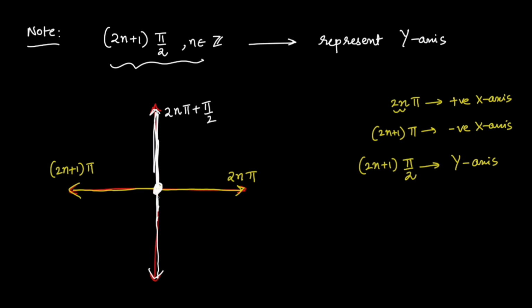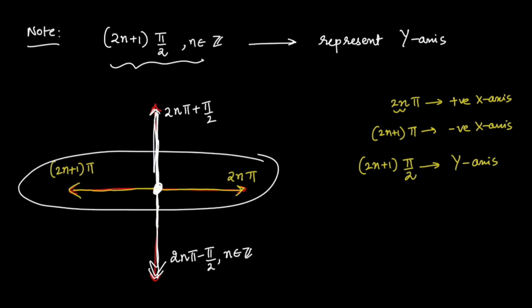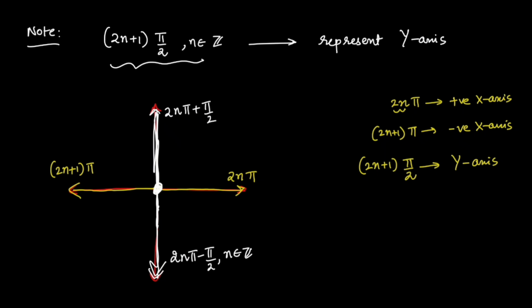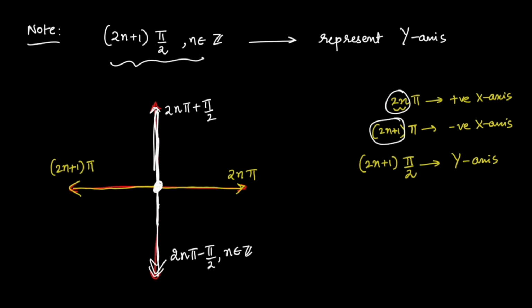If they ask specifically for angles representing the negative y-axis, we can say they will be in this form, 2n pi minus pi by 2. What about angles along the x-axis? If they don't mention positive or negative x-axis: even number into pi means positive x-axis, odd number into pi means negative x-axis. If they don't mention anything, you can just say any multiple of pi.